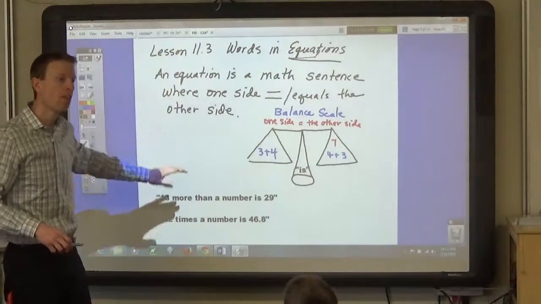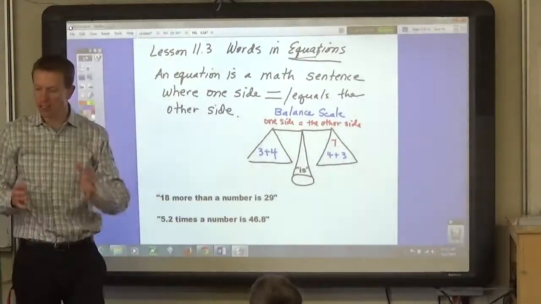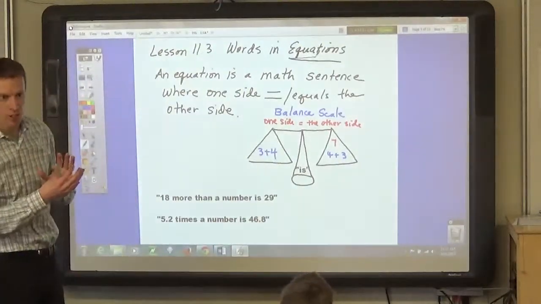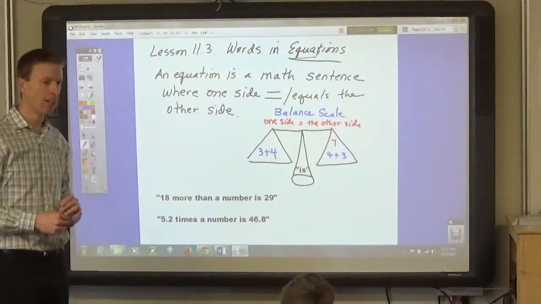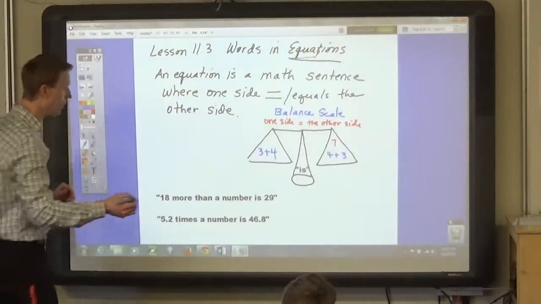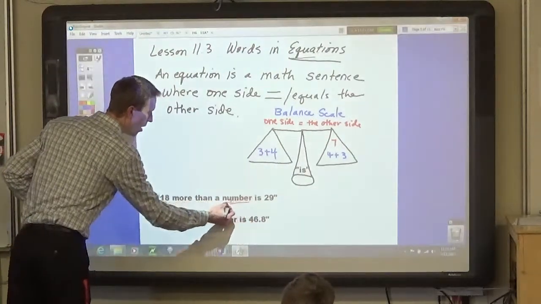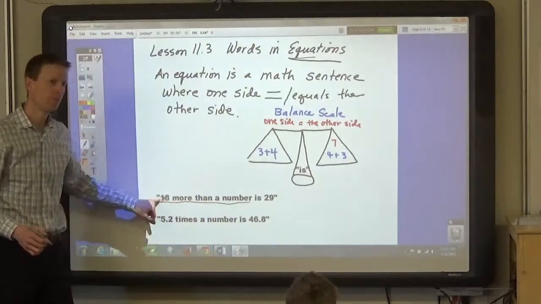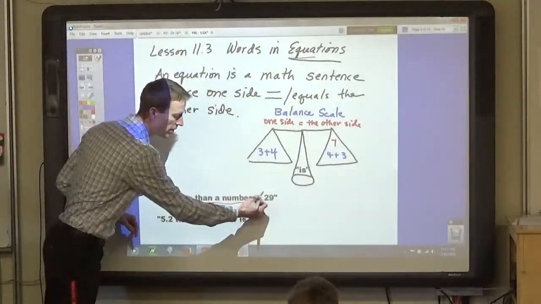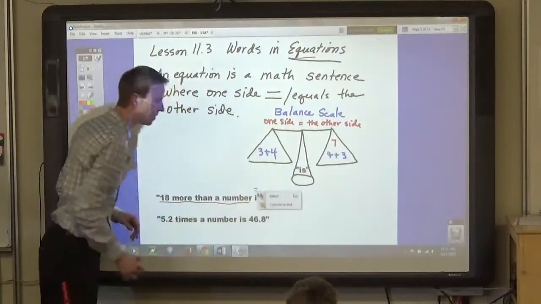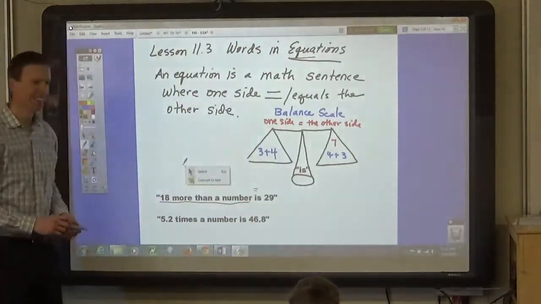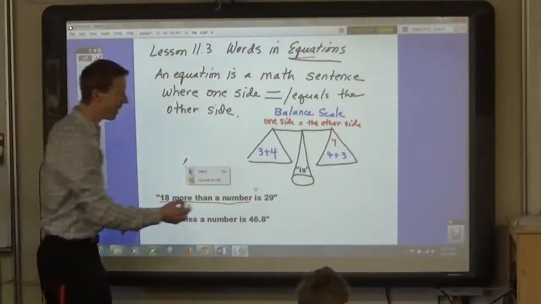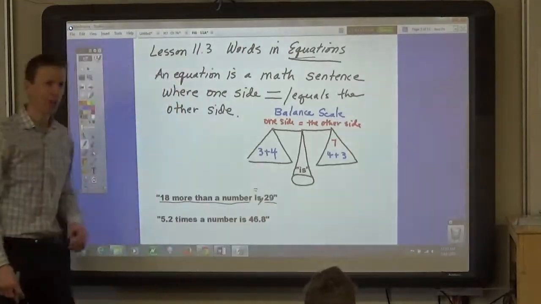So one of the things we're going to do today is determine what's on one side of the equation and what is on the other side. Based on what we learned in lesson 1, we're going to translate these words and put the equal sign wherever there's the word is. And figure out what goes on the other side.